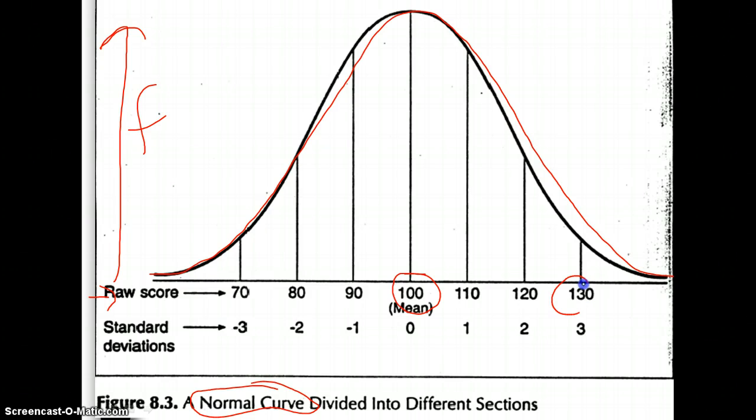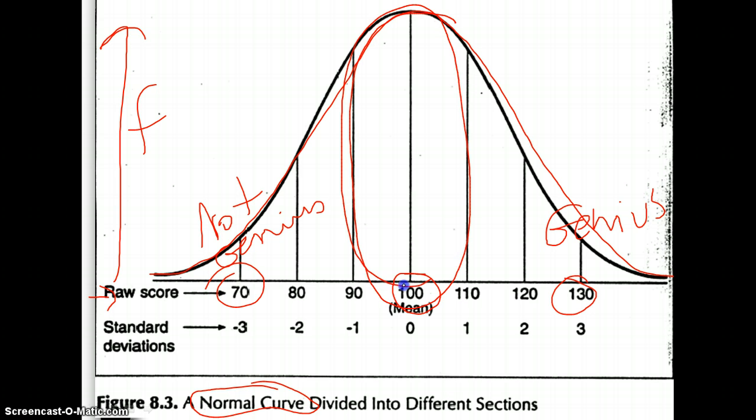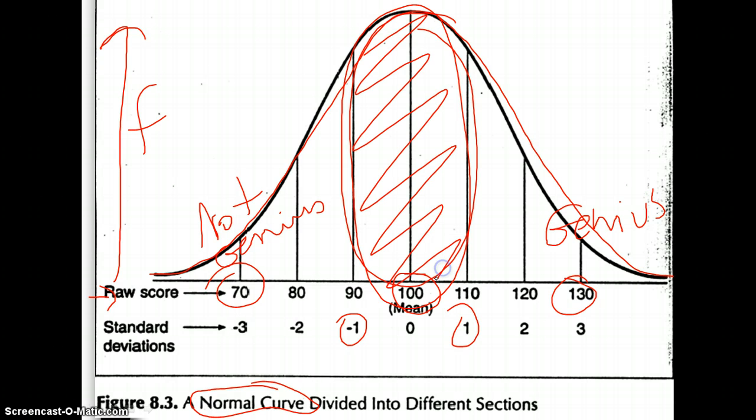And if someone scores way up here at 130, this is a genius. If someone scores way down here at the other end, this is not a genius. All right? And so we say that most people fall within this range here between one standard deviation below and one standard deviation above the mean. That's where most of the people are going to fall.